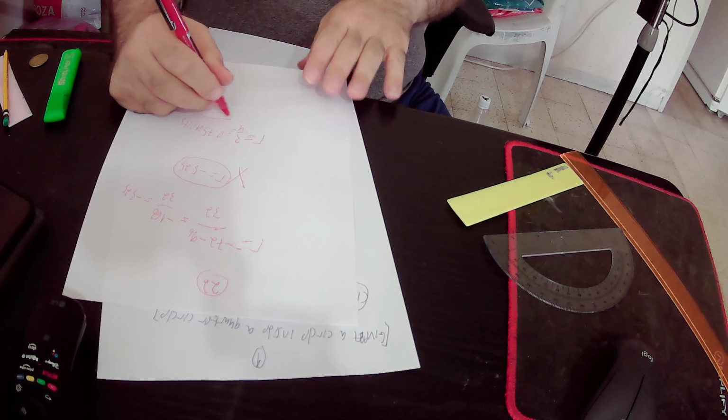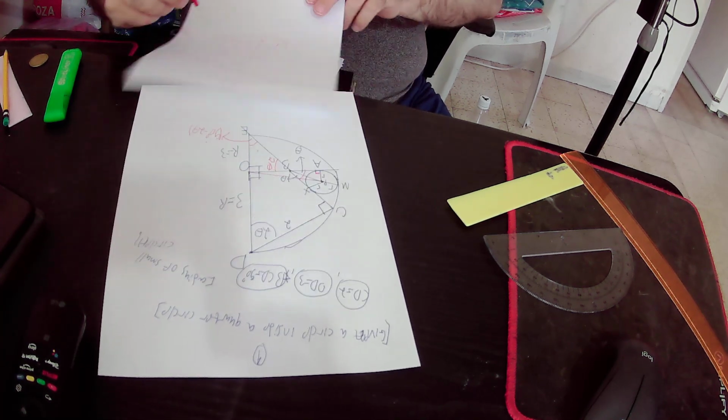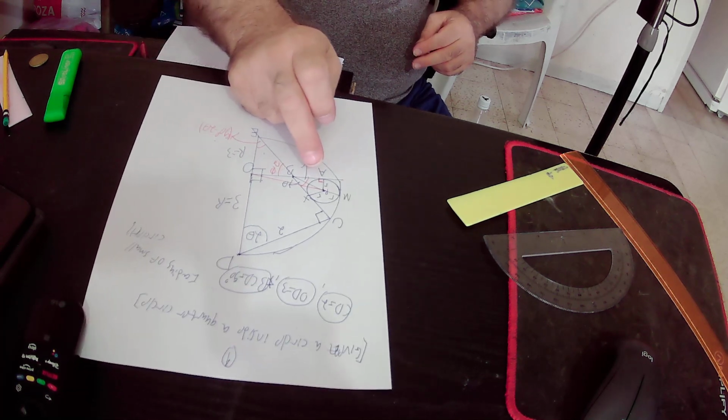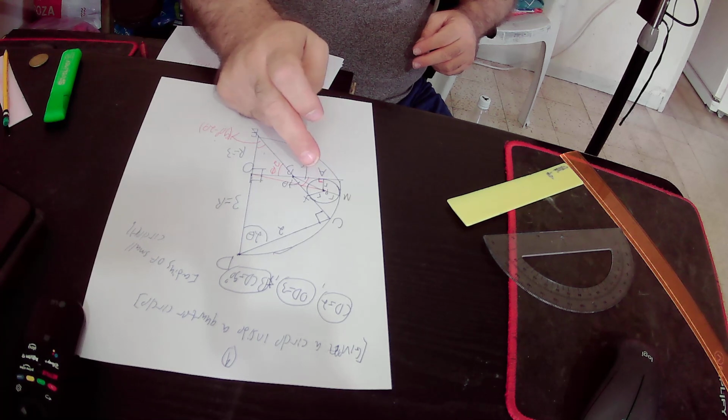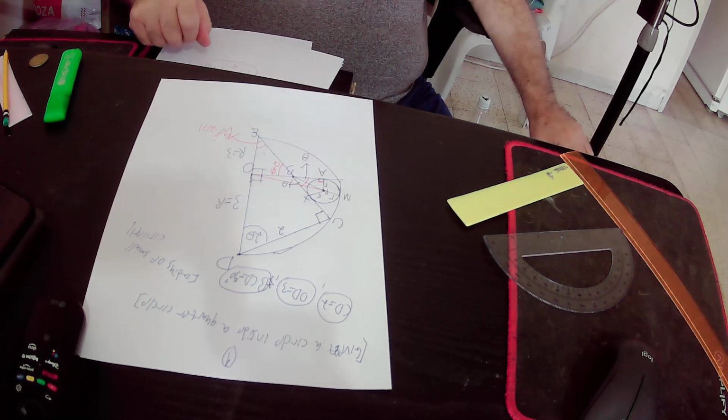Okay, so the answer to the question is that the radius of this small circle equals to 3 over 4 units, or 0.75 units. Okay, so now I will summarize the lecture.